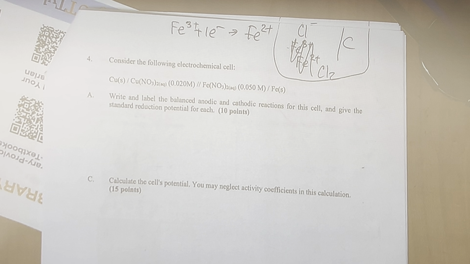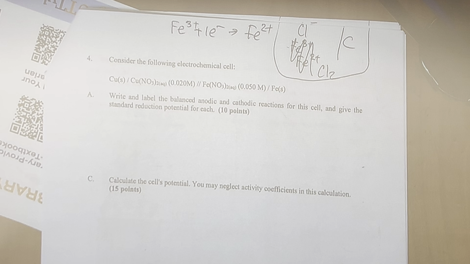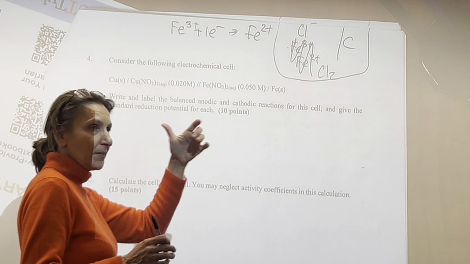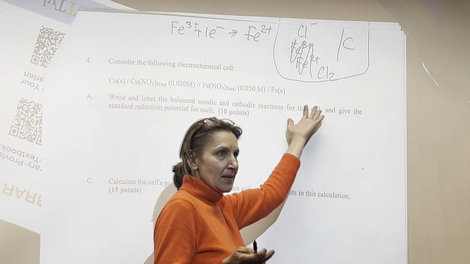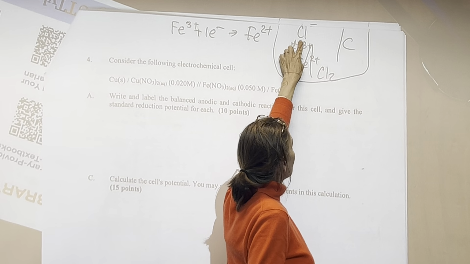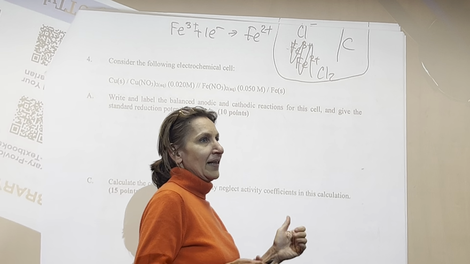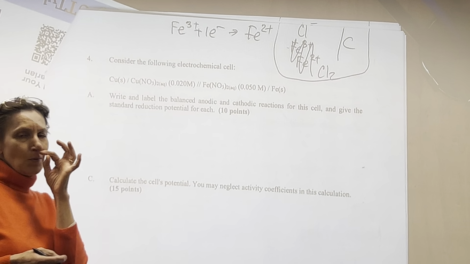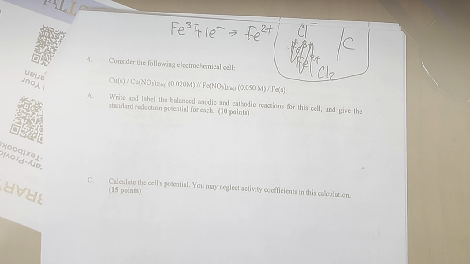Let's talk about it now. I'll just give you what's happening. You look for the same element, chlorine. Chlorine is here, but it's in different oxidation states, -1 and 0. That's what will be reduced. So what can be reduced? Can Cl- be reduced? No, it's already reduced.